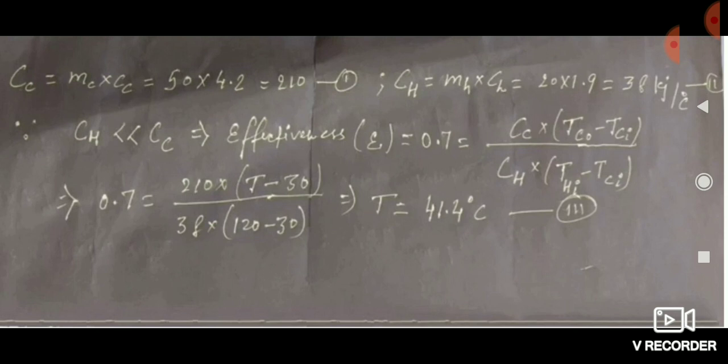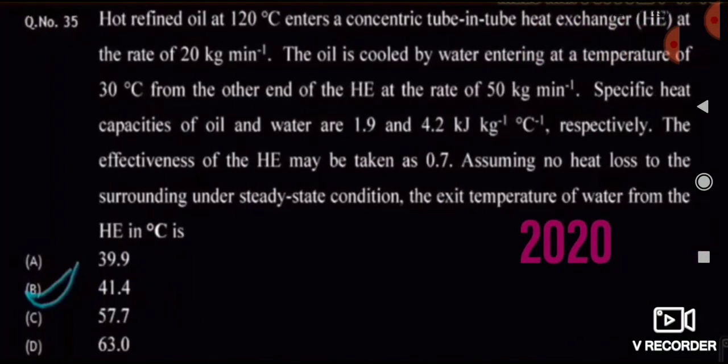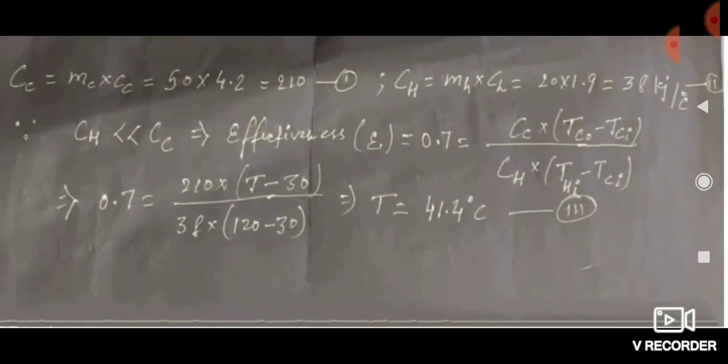I have already told you that capital C is equal to m into c, means mass flow rate into specific heat. So for the cold fluid I have calculated that is 210, and for the hot fluid Ch, mh into ch, you can get that is 38.